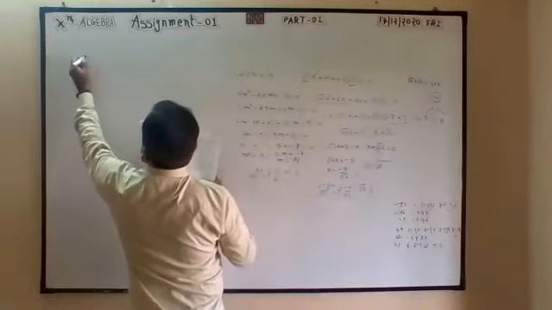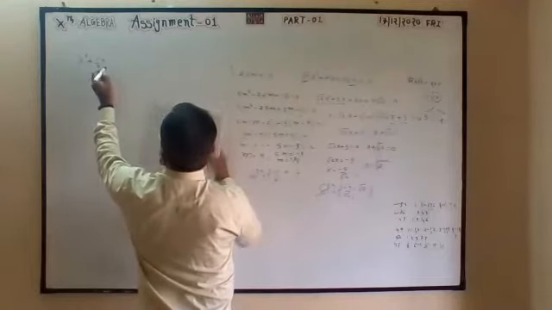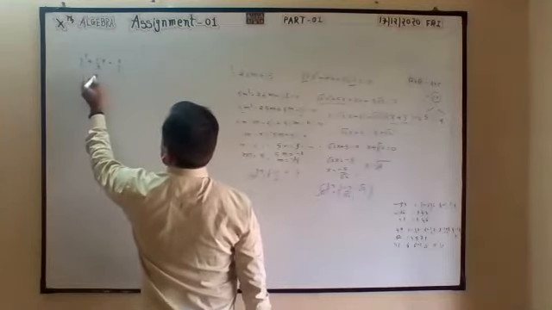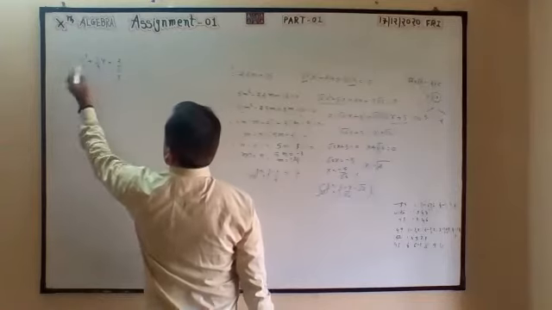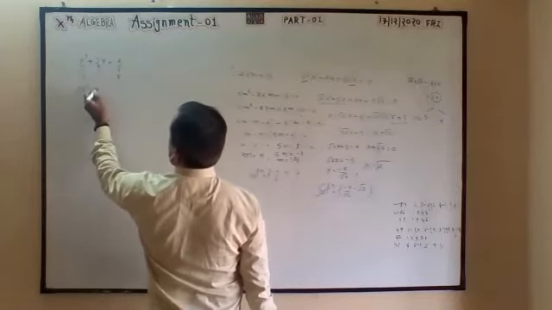For example, y square plus 1 by 3y is equal to 2. So 3 is the LCM. 3 ones are 3, 3 twos are 6. So 3y square plus y minus 6, or all multiply by 3, then also it is okay.